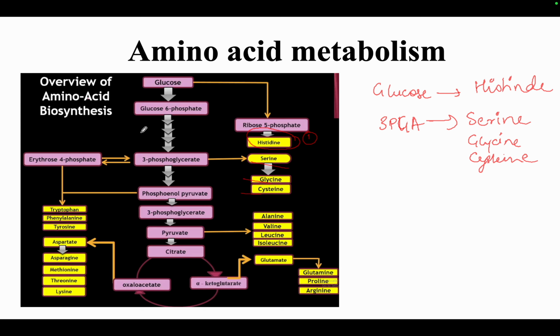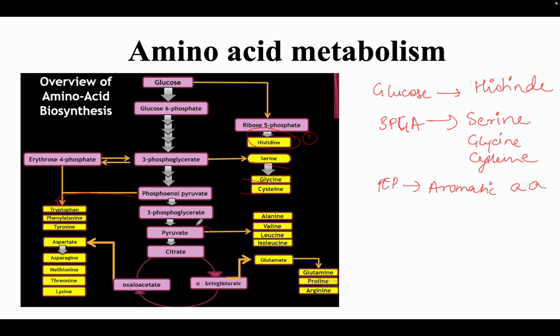This is the glycolysis pathway. From phosphoenolpyruvate, that is PEP, we have tryptophan, phenylalanine and tyrosine, all the aromatic amino acids.